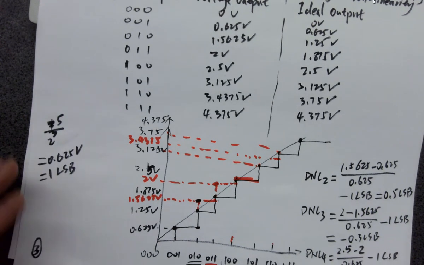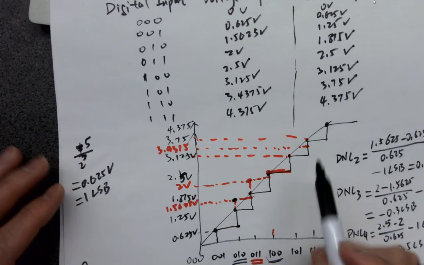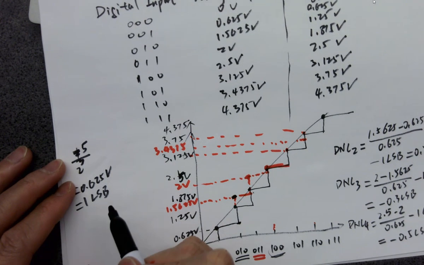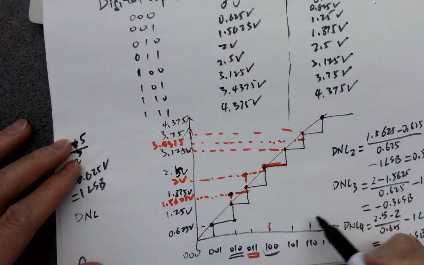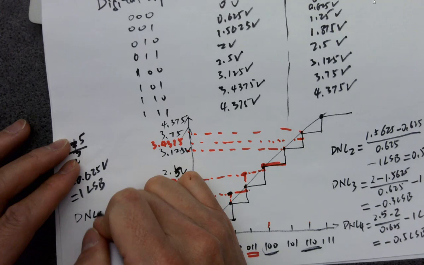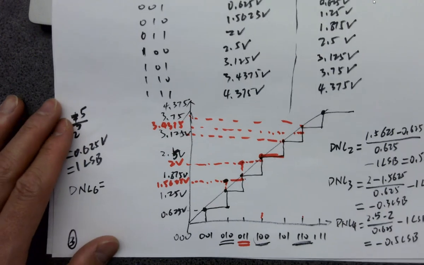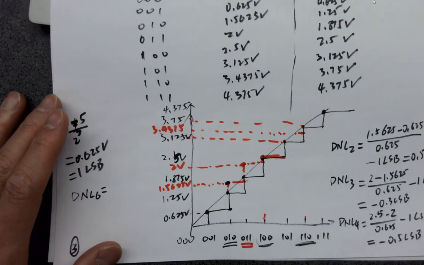Okay, let's look at this one. We don't want to finish the example, so this is DNL what? DNL 6. Which minus which?